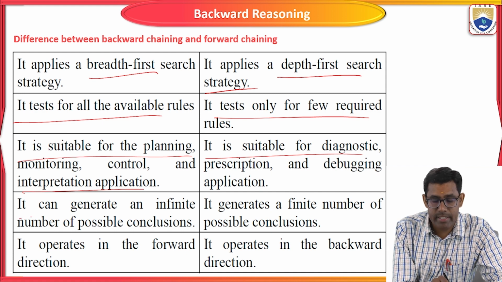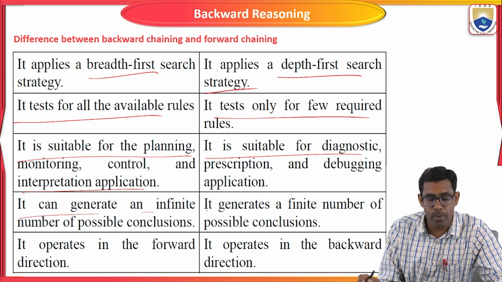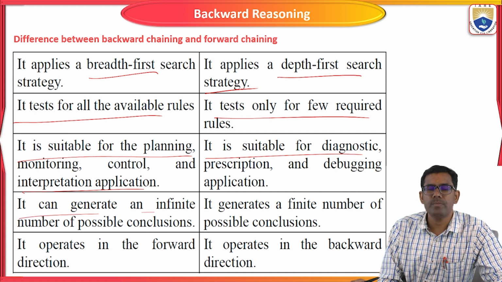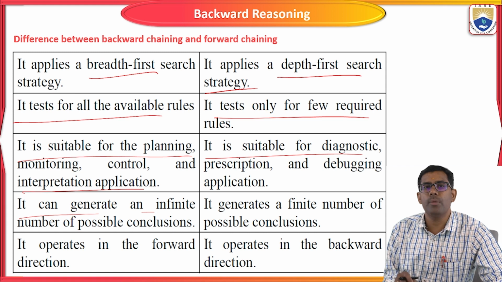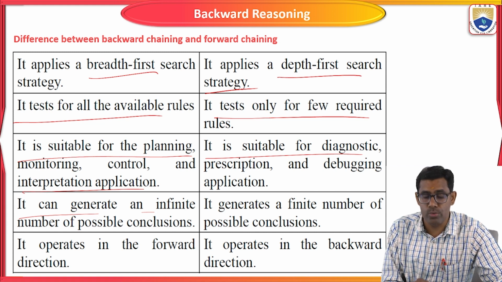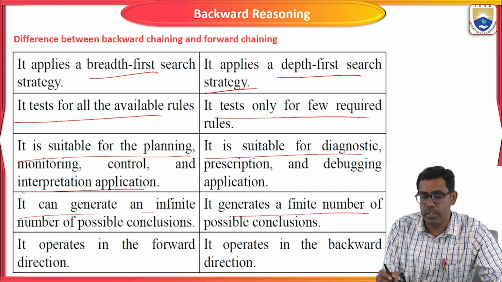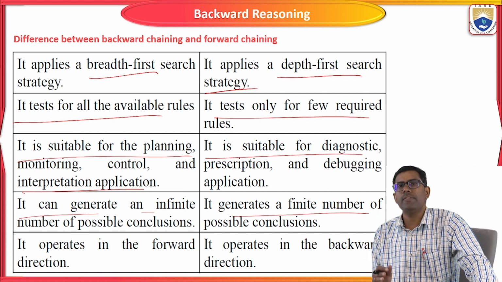Forward chaining can generate an infinite number of possible conclusions. It gives the possible solutions of the particular problem statement. Backward chaining generates only a finite number of conclusions.